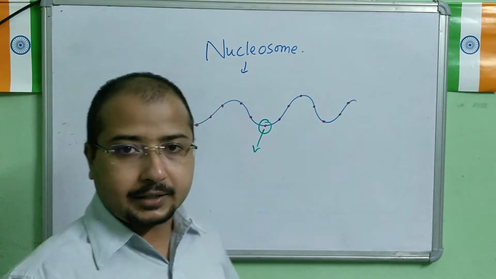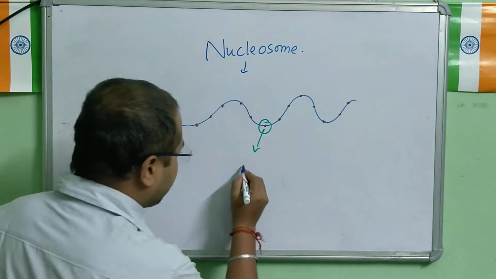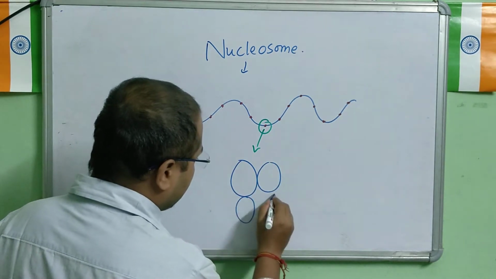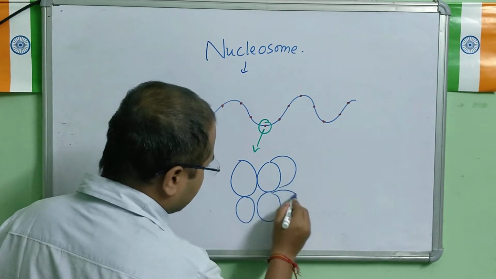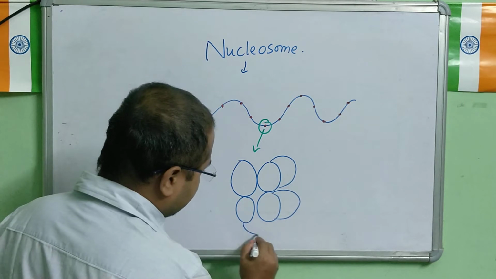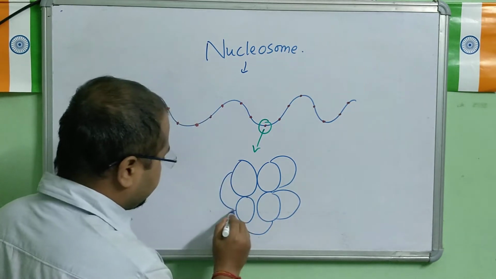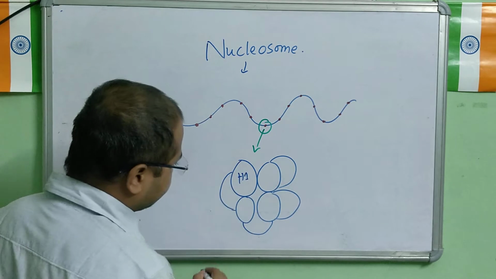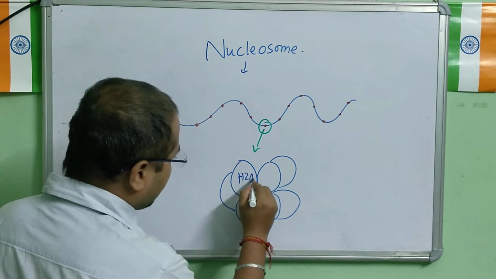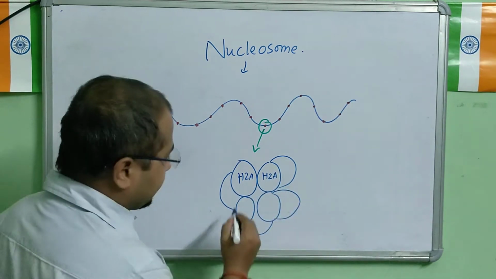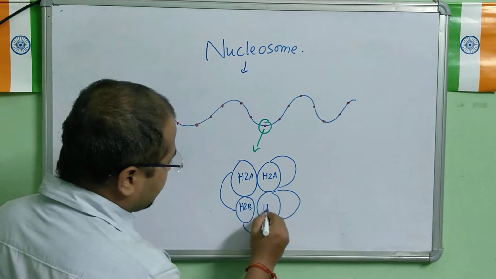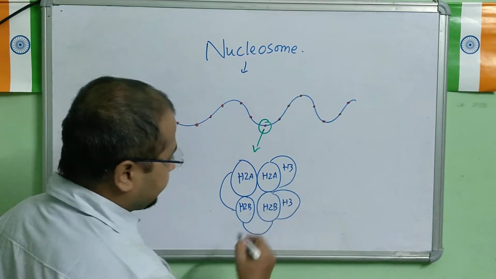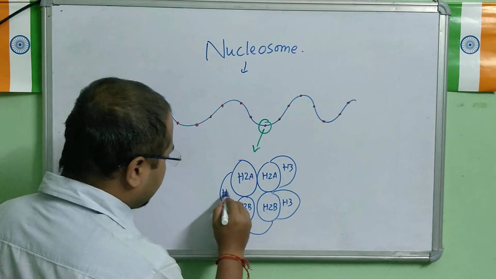So if I name them, there are 2 H2A molecules, 2 H2B molecules, 2 H3 molecules, and 2 H4 molecules.